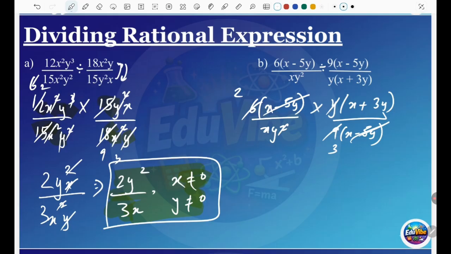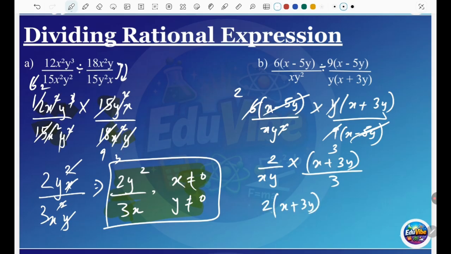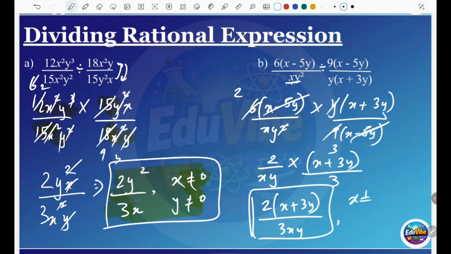When you solve this, you get 2 upon xy multiplying with x plus 3y upon 3. You get 2x plus 3y multiplied by 3xy. That's your answer. At the start you have x not equal to 0 and y not equal to 0.